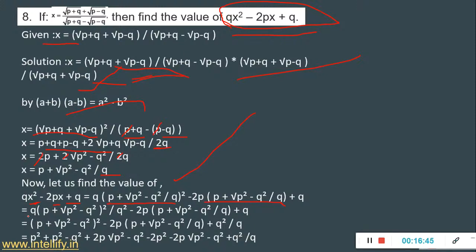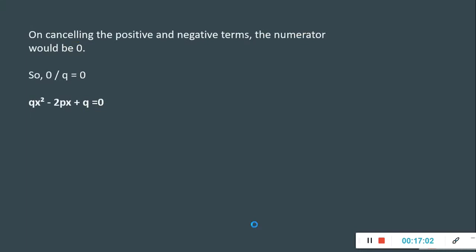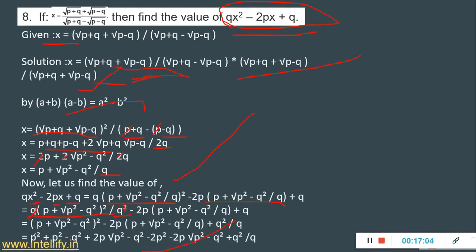On further solving, we get this. We keep on solving this. Q will get cancelled out, and we will take the LCM of q and solve it further. At last, we got this value.